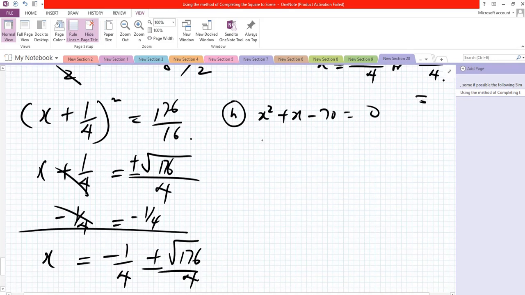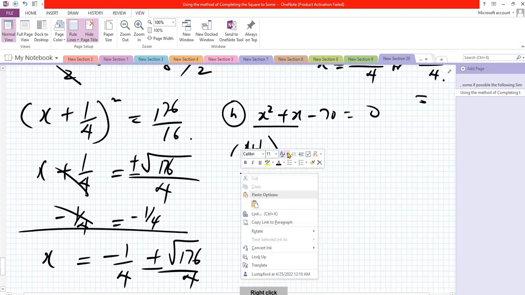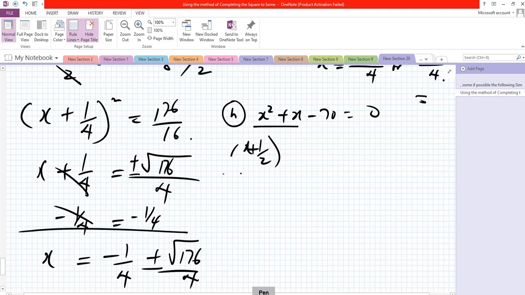So making this a complete square, let's say x, then half of the coefficient of x is plus 1 over 2, all squared, minus 1 over 2 all squared, minus 70 equal to 0.